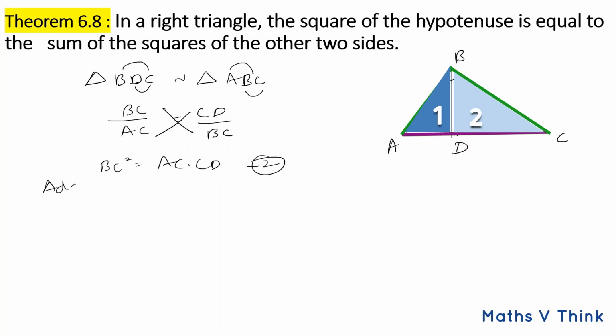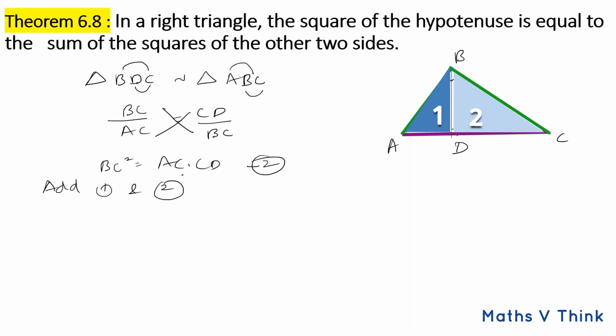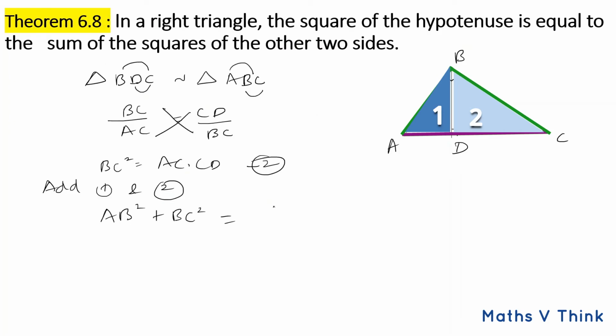Now we need to add 1 and 2. On the left hand side we add, and then the right hand side. So AB square plus BC square is equal to AC into AD plus AC into CD.